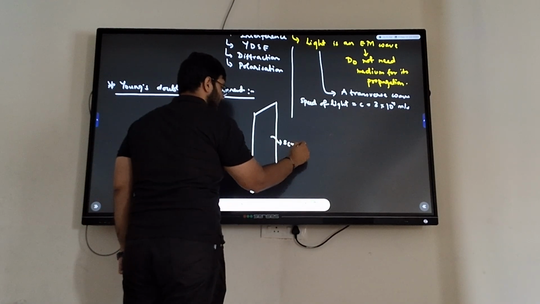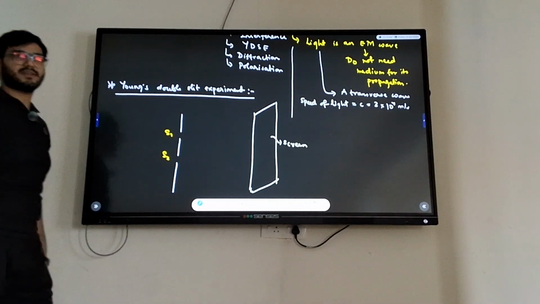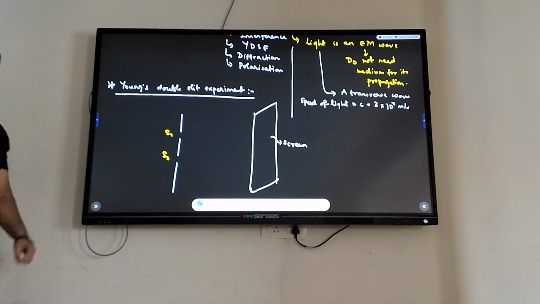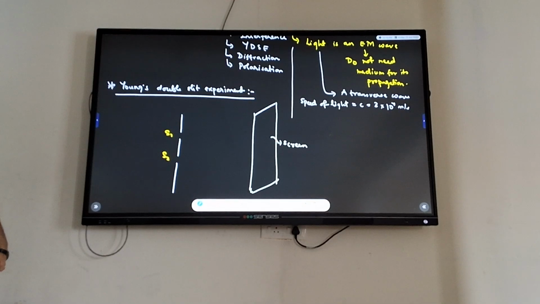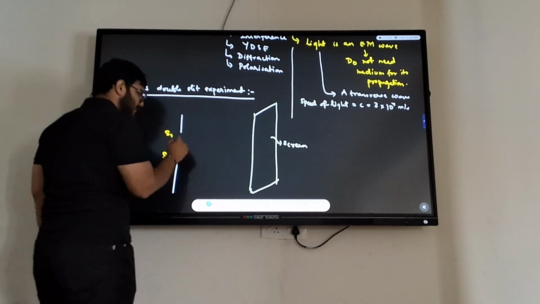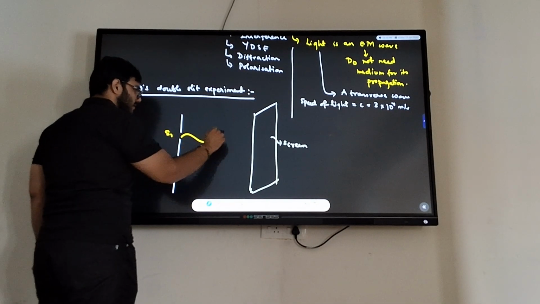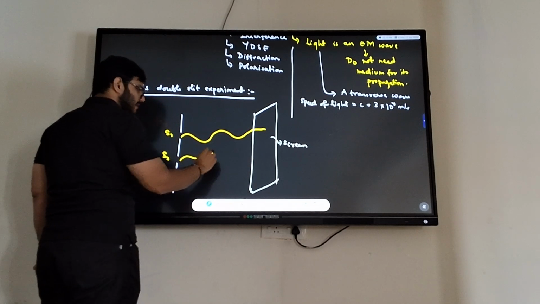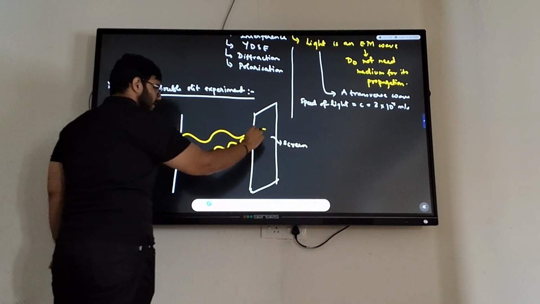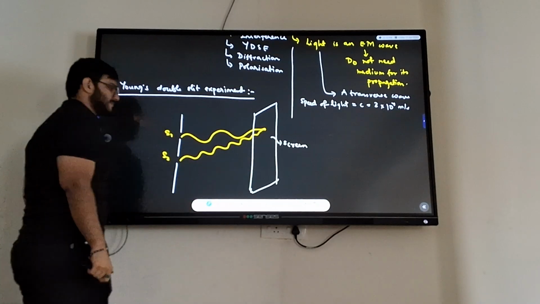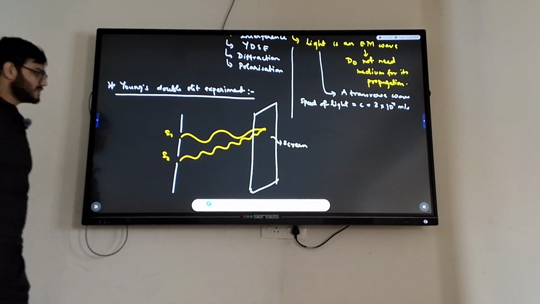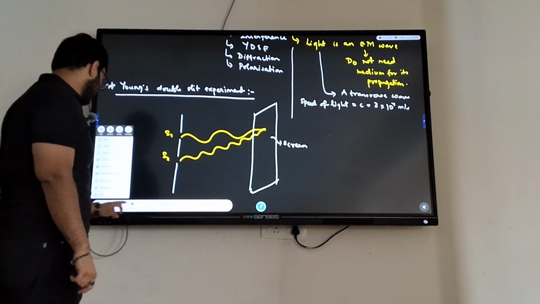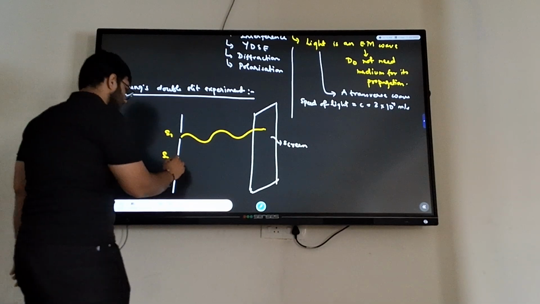Screen, and on this screen we will find a pattern that's called an interference pattern. We will try to derive everything today, and you will understand how that pattern comes. But let's say there is one wave which is coming from here, going till here, and I'm taking any random point, and this goes here and meets here. These are two waves, and I showed the wavelength a bit differently. It should be like this.